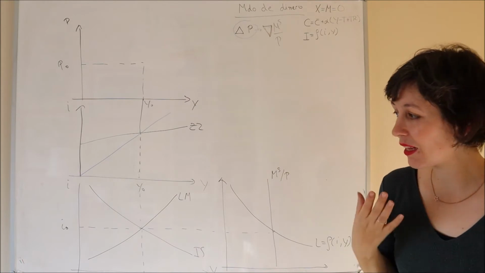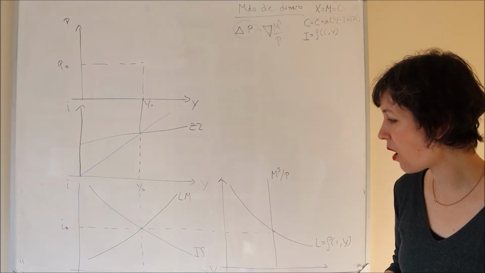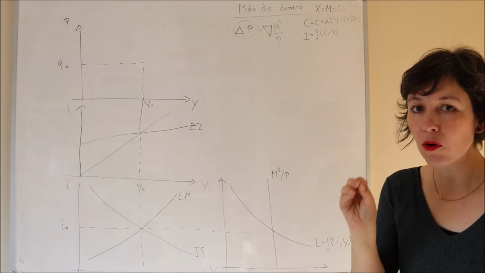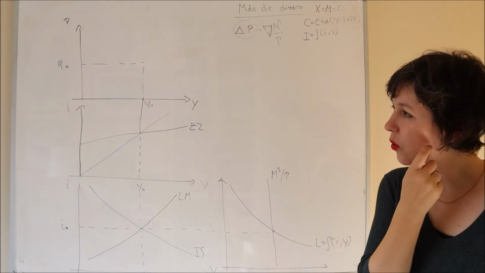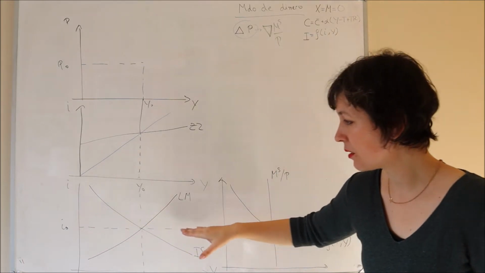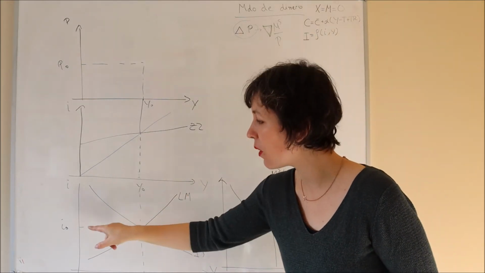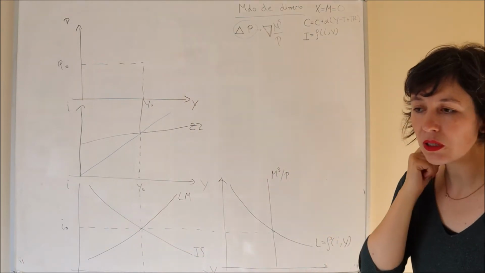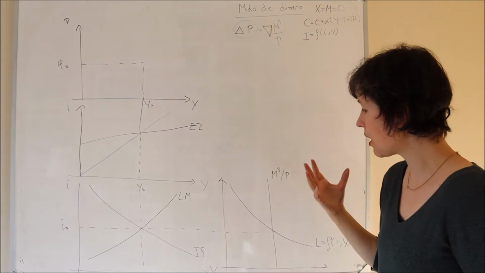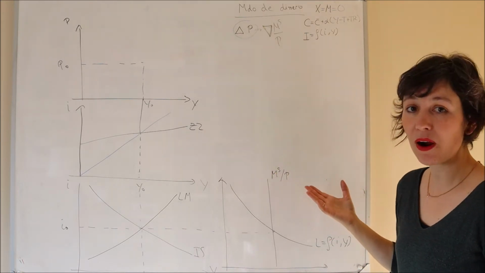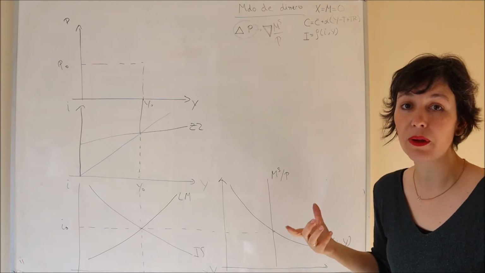Because in that case, what we are actually observing is that the central bank of that economy is just focusing on one interest rate. That's why the LM is horizontal, valid just at one interest rate. If anything changes in the money market, the central bank is going to compensate for that effect.